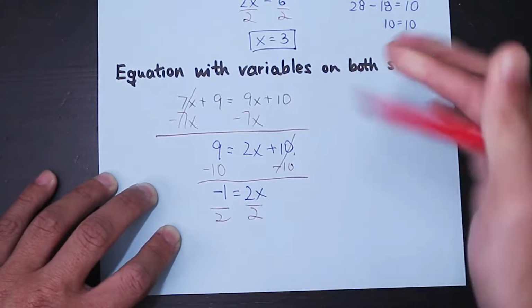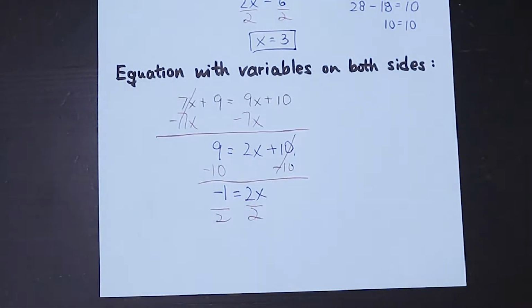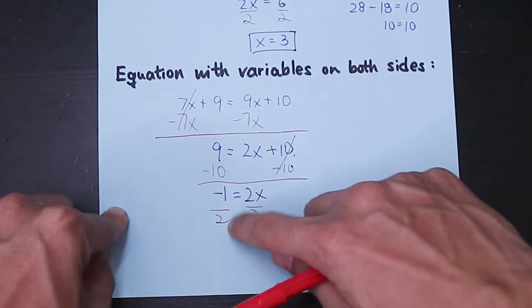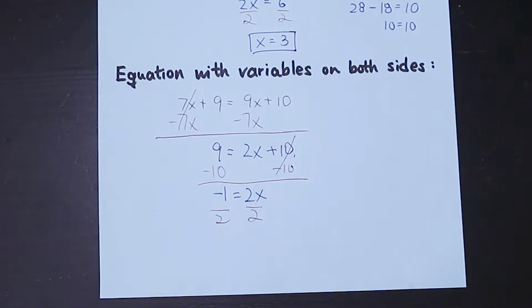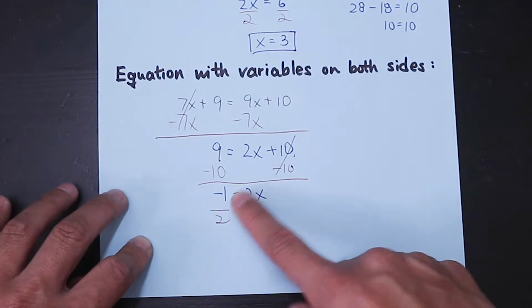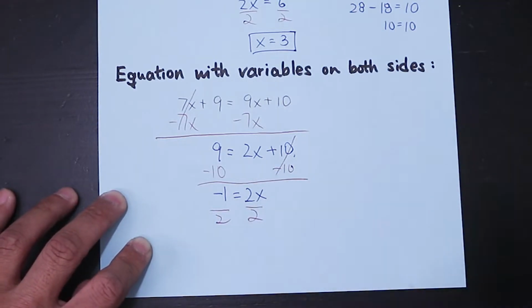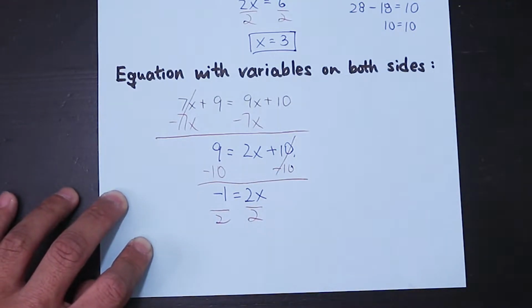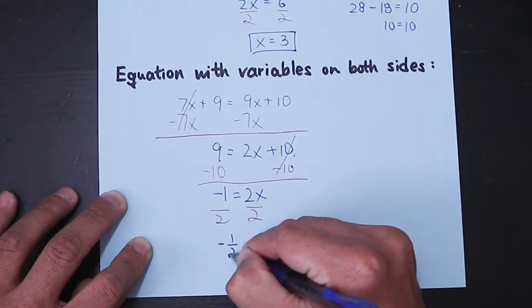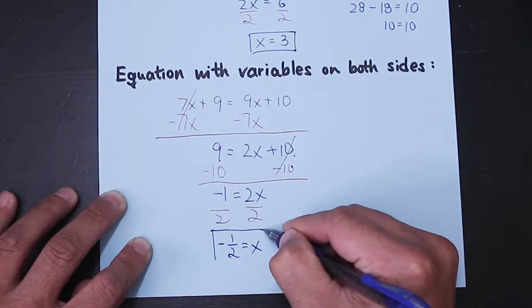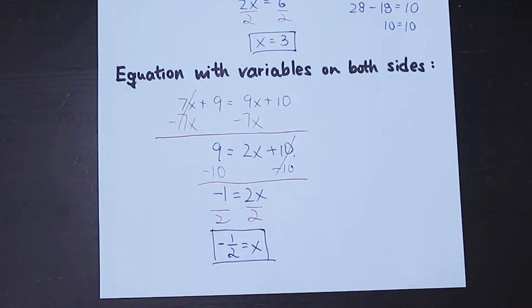Now you notice that 1 cannot be divided by 2 evenly, because if you have $1 and want to split it, each person is going to have a portion of $1. So negative 1 divided by 2 is going to be a decimal, but we're going to leave it as a fraction. So negative 1/2 is equal to x, and that's the answer to this equation.